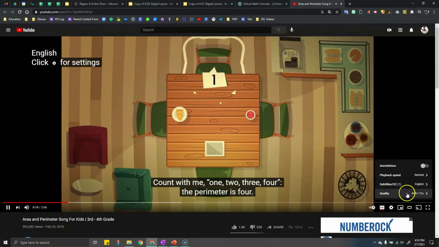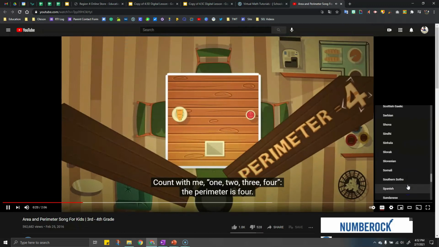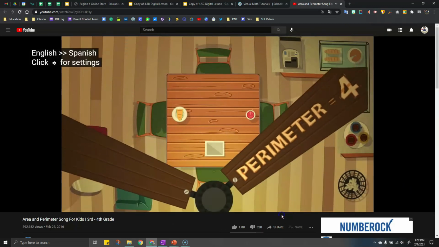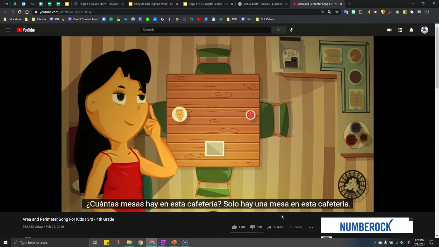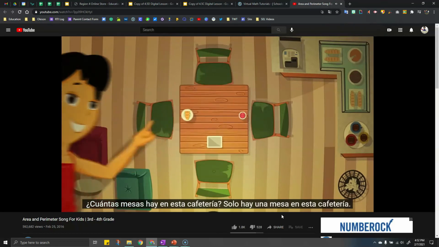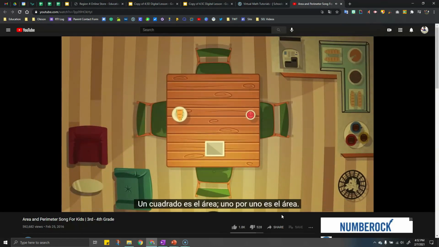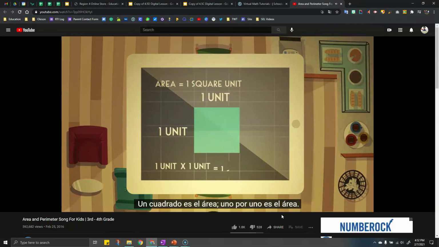Count with me, 1, 2, 3, 4. The perimeter is 4. How many tables are there in this cafeteria? There's only 1 table in this cafeteria. 1 square is the area. 1 times 1 is the area.